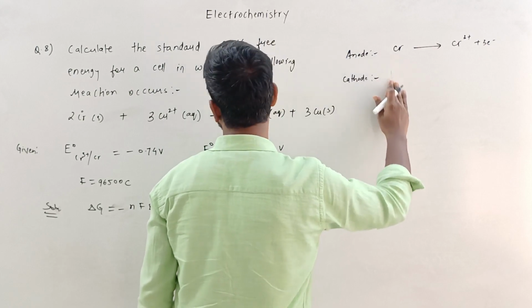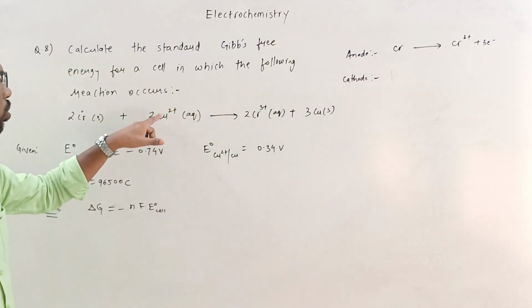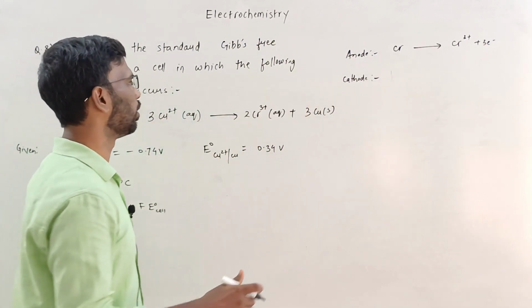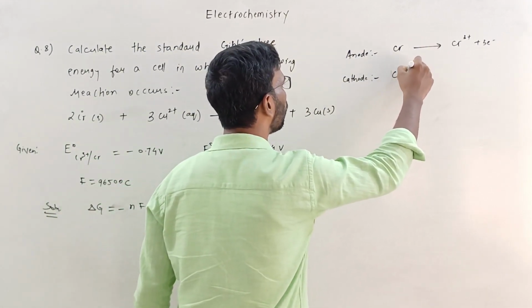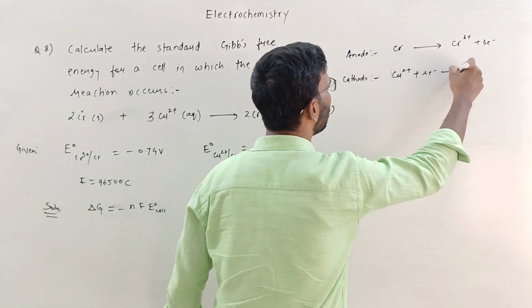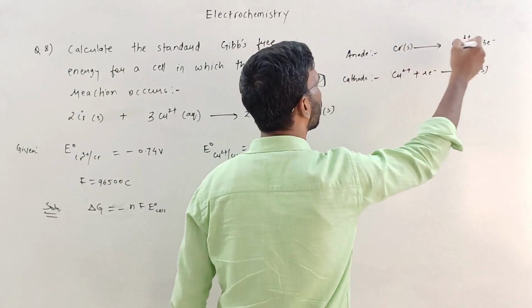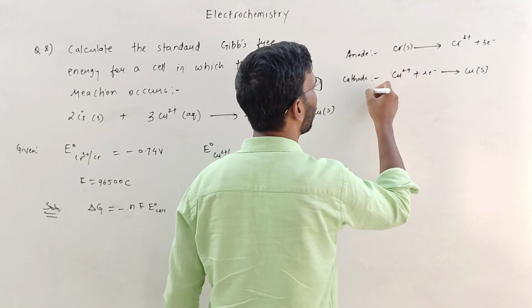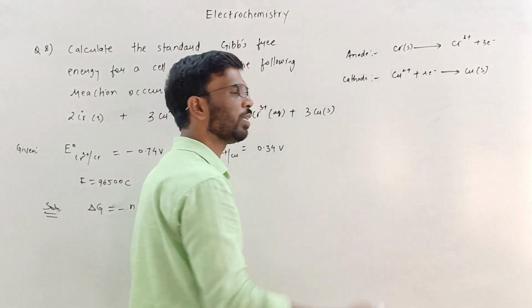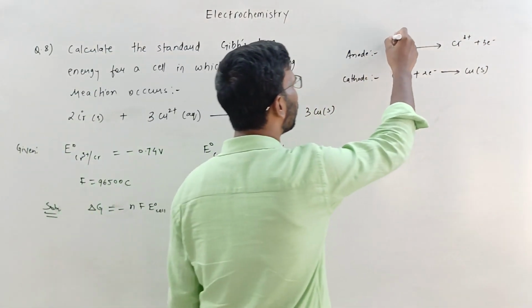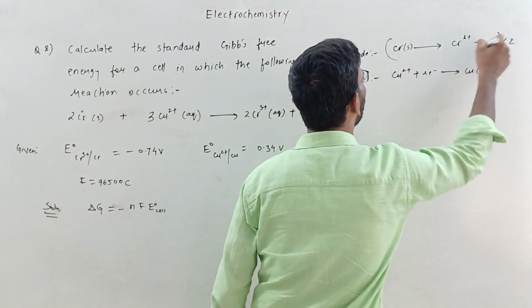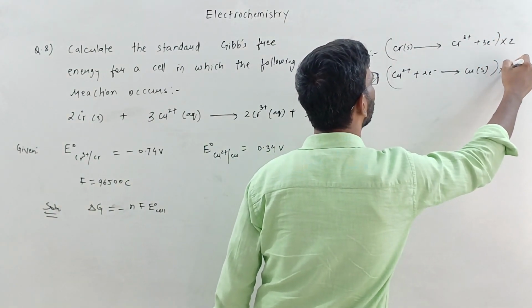How do I understand that? Cathode means reduction, so 2+ changing to 0, right? So copper 2+ accepting 2 electrons will change to copper. This is solid, this is aqueous. So these electrons are not equal, so I need to make them equal. I'll multiply this with 2 and I'll multiply this with 3.